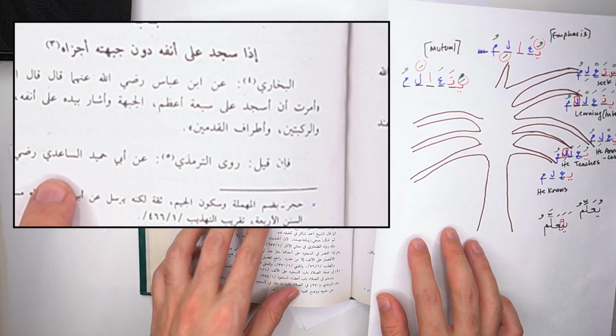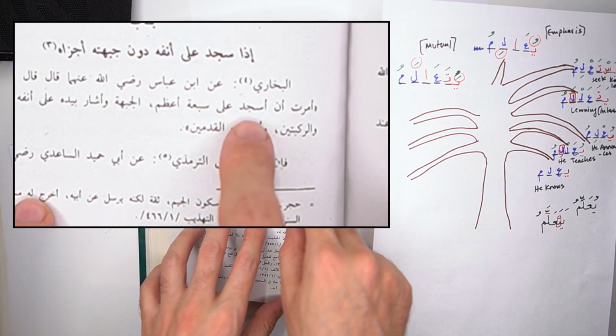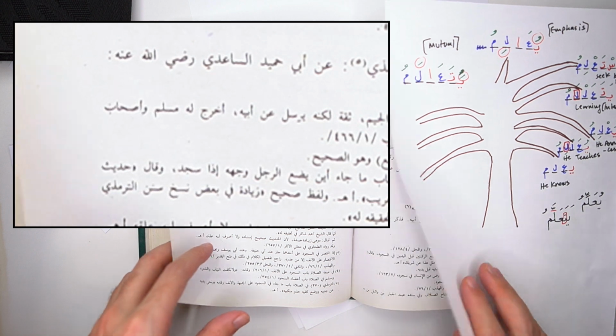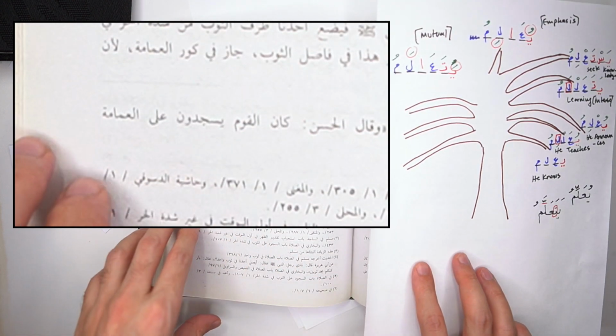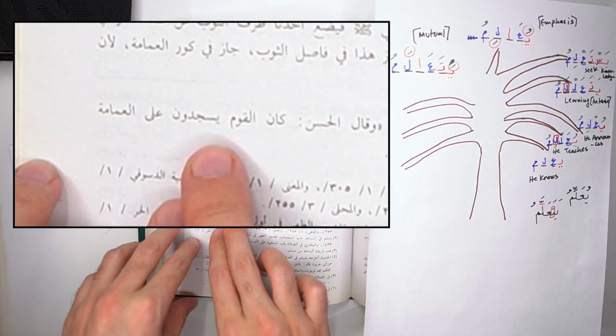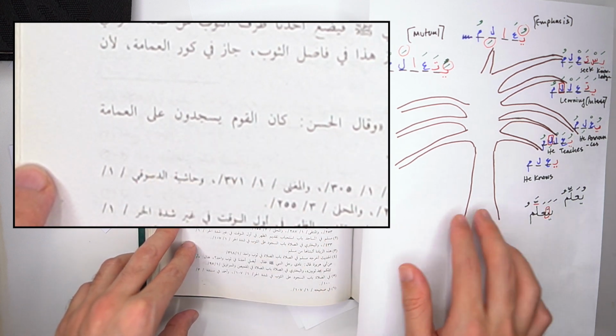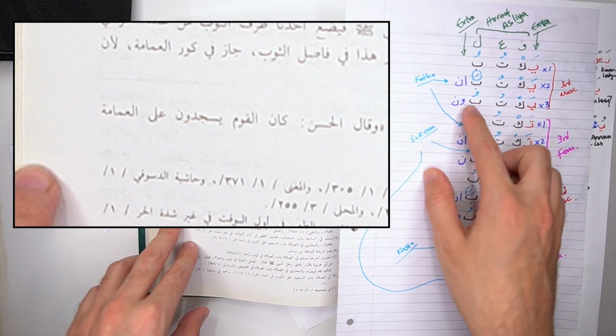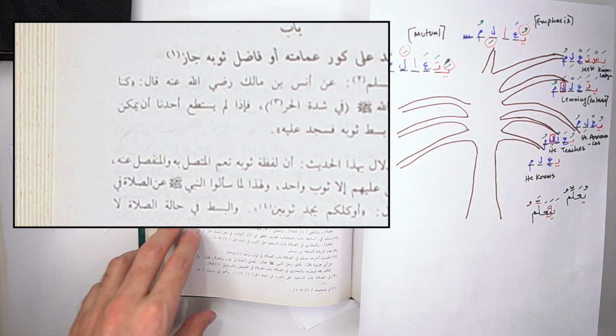Asjudu, again it's that pattern there. Let's look at another one. Yasjuduna. So it's this pattern, but in this list it's actually the third one on the list.